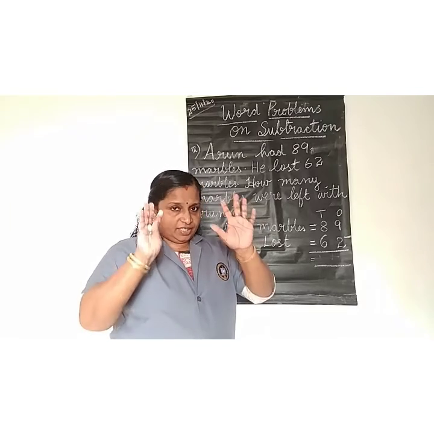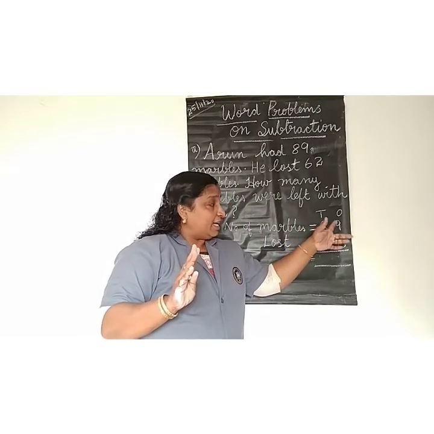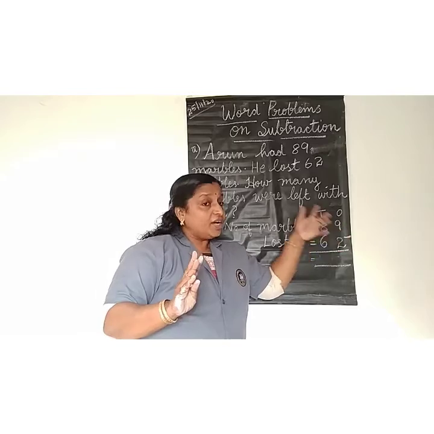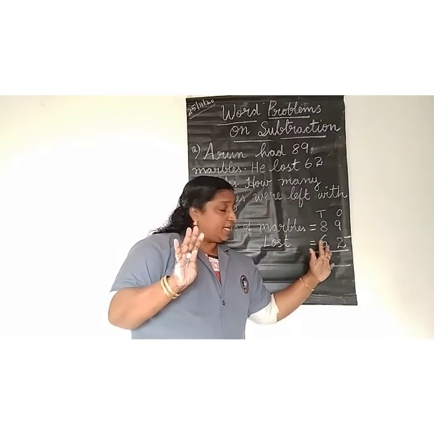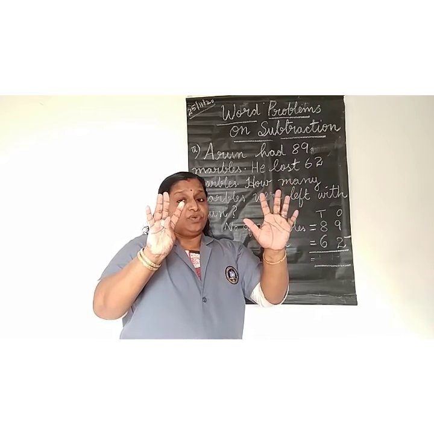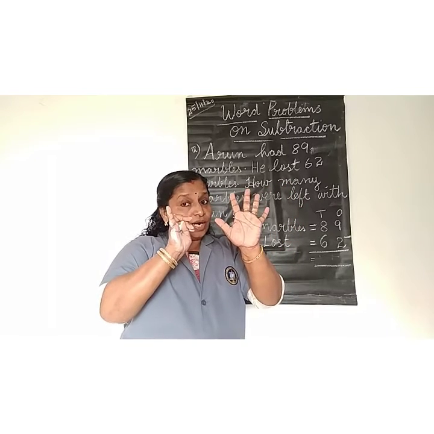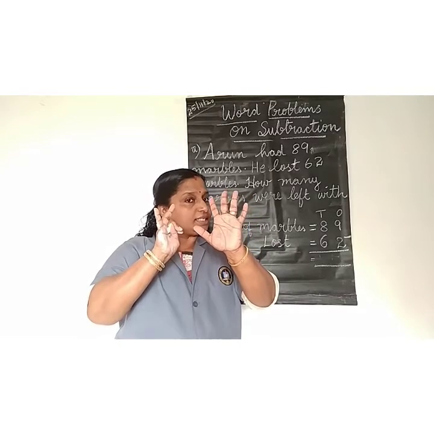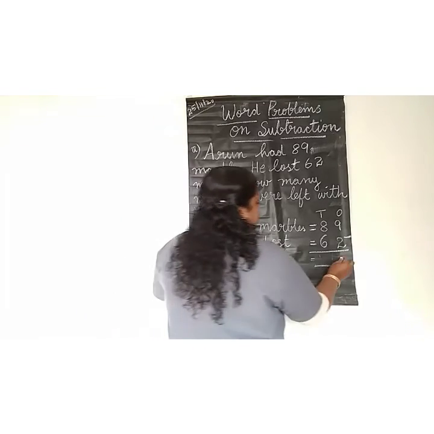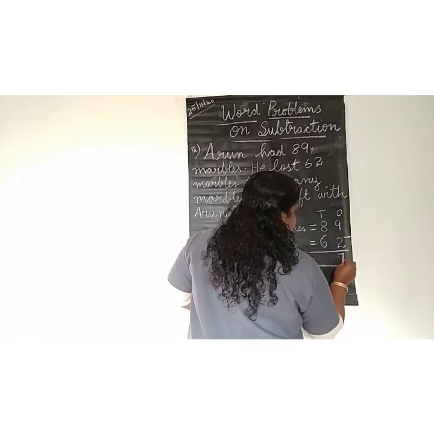Take 9 fingers. In the tens place you got 8 and in the ones place you got 9. First take the ones place. Take 9 fingers. Down, what is the number there? 2. Cut off 1, 2. Balance: 1, 2, 3, 4, 5, 6, 7. Yes, 7. 9 minus 2 is 7.